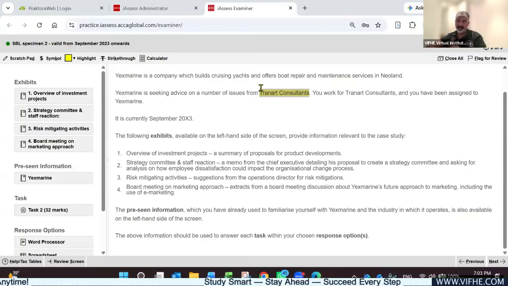In a few of the papers, your role has been defined as non-executive director, NED. So what do you think? NED is internal or external? Yes, NED we need to take as internal.